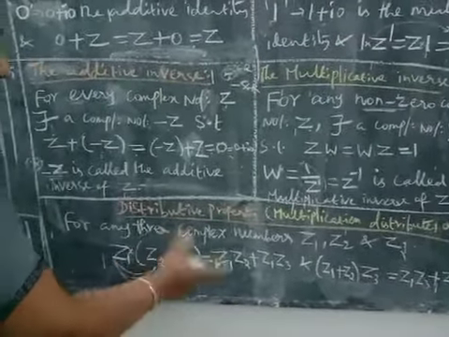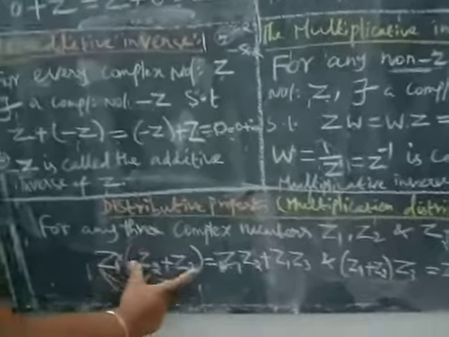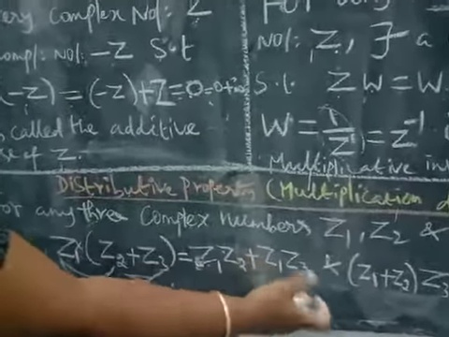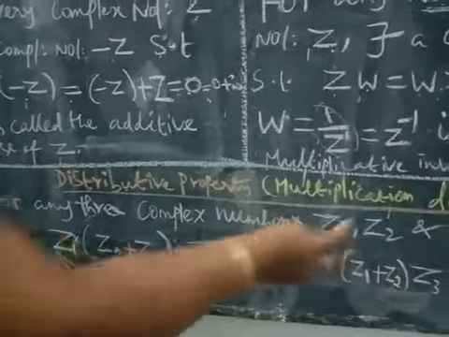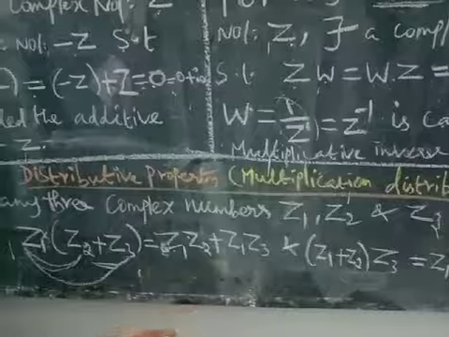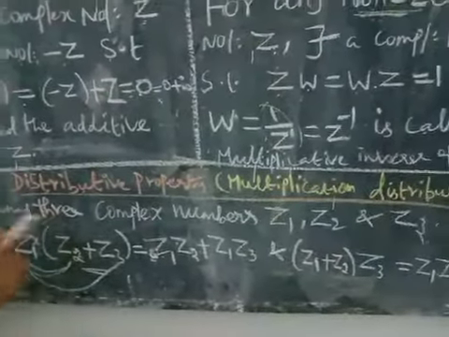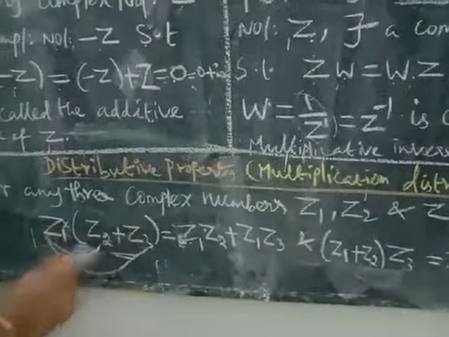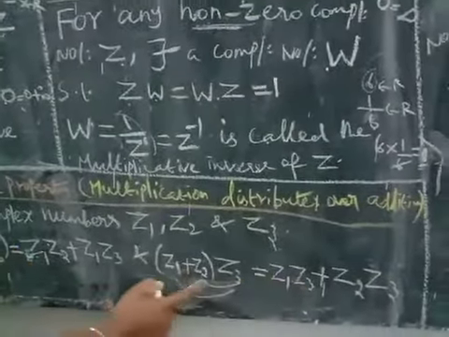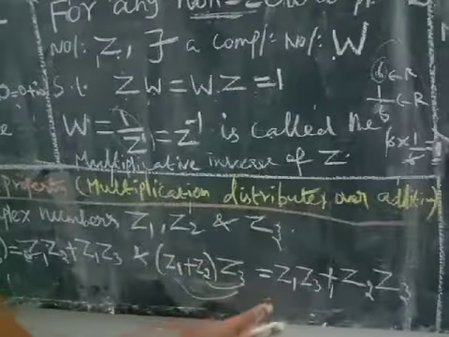So z1 into (z2 plus z3) is equal to z1 z2 plus z1 z3, no? So for any three complex numbers, always these two should be equal. Now take another one. First two complex numbers, associate these two, (z1 plus z2) into z3. Now you multiply these two, z1 into z3 plus z2 into z3.